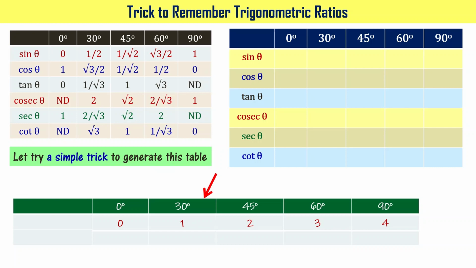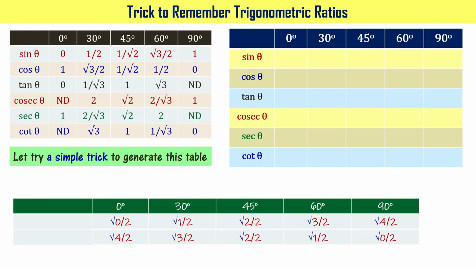In the next row, I'm going to write 4, 3, 2, 1 and 0, right? Now let me apply square root to all the numbers in the first row. Similarly, let me apply square root to all the numbers in the second row also. Now, let me divide every number in the first row by 2. And the same is repeated for the next row also.